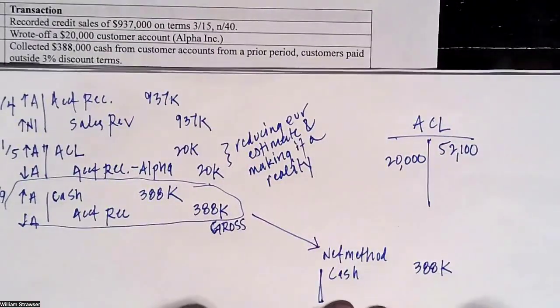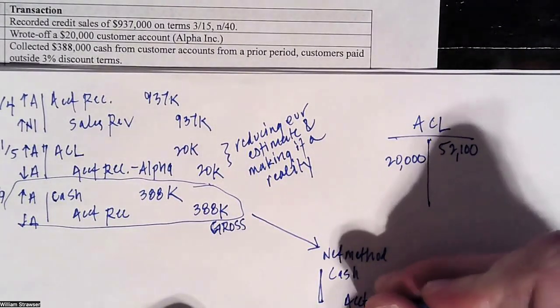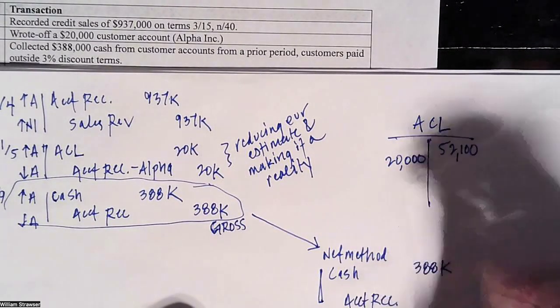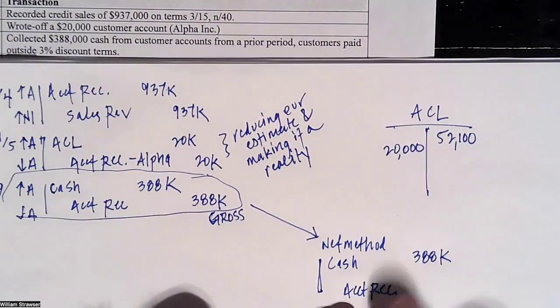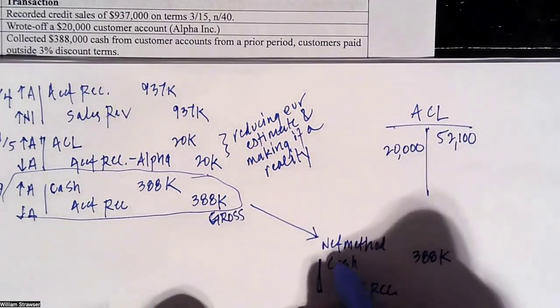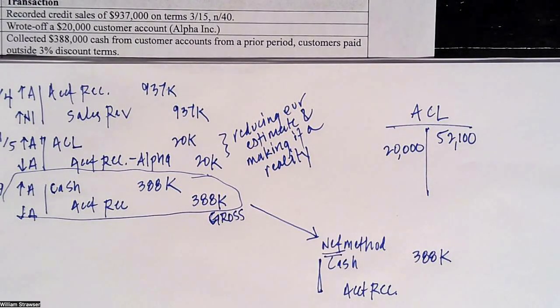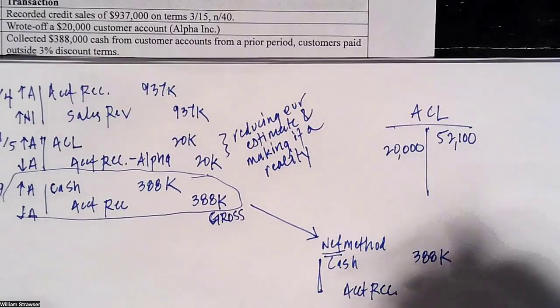The difference will be when I record a credit to my accounts receivable. If I'm working under the net method, what value am I inputting to my accounts receivable? That means, is it gross, full price, or is it net of discount? Remember, if we're under the net method, then we record our accounts receivable and our sales revenue net of discount.